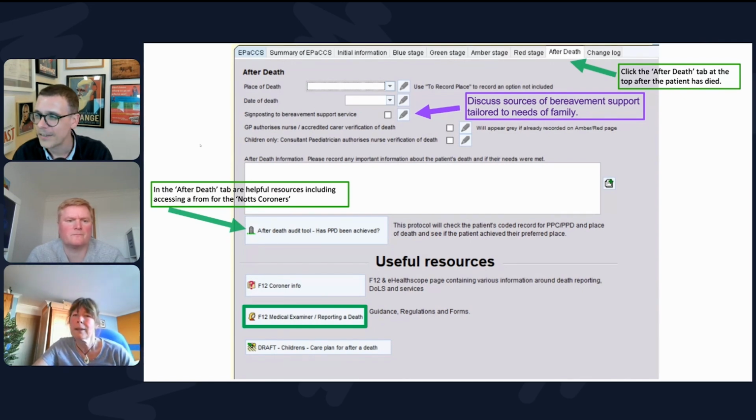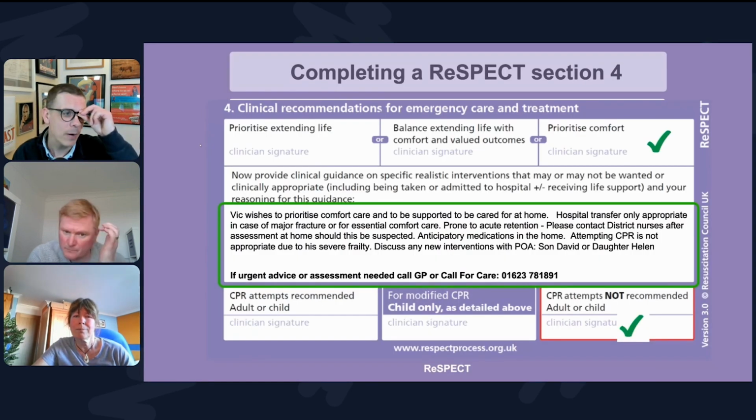Good. And then we've got a slide here about box 4 on the respect form, and there is separate training around the respect form itself, but this is the key box, really, isn't it, in terms of communicating the patient's wishes.